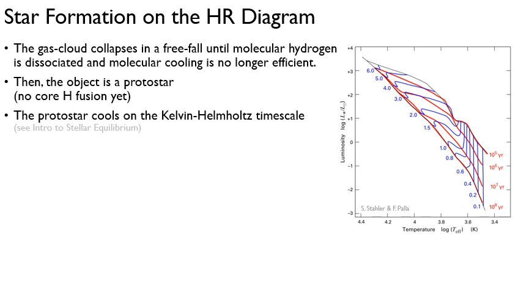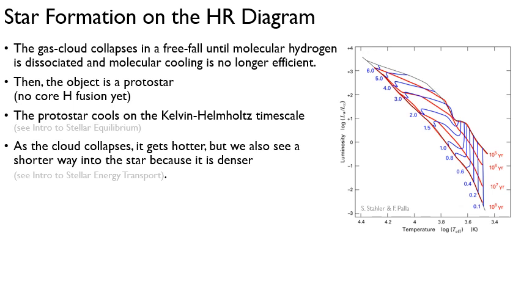And that's your Kelvin-Helmholtz time scale. And you can see from our diagram over here that the time to go from becoming a protostar to being somewhere on the main sequence where you're fusing hydrogen can be anywhere from on the order of 1 million to 100 million years. Something like that is kind of typical.